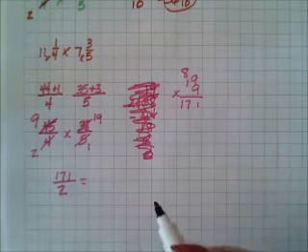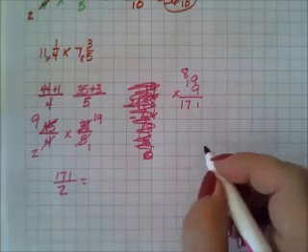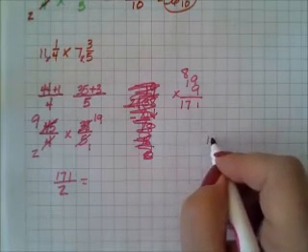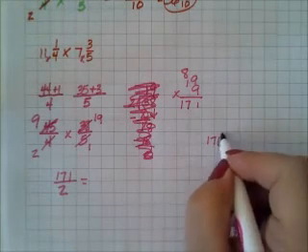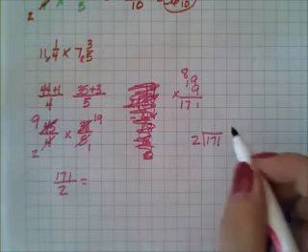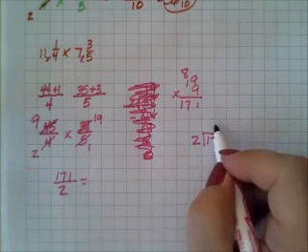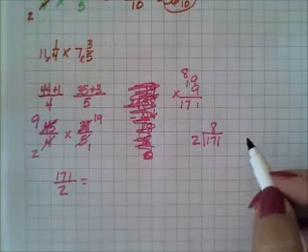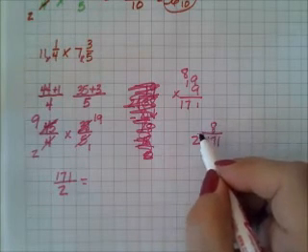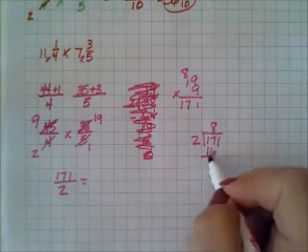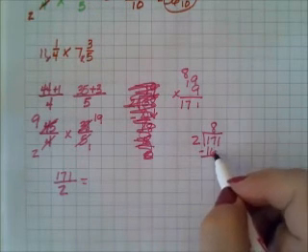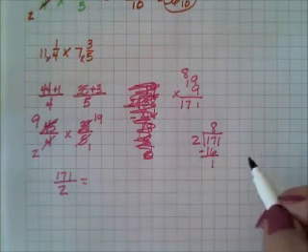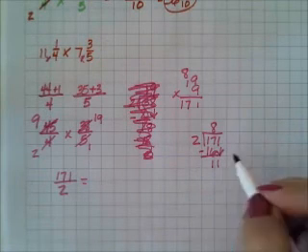So again, 171 divided by 2. 2 goes into 17 how many times? 8. Then we multiply. 8 times 2 is 16. Now we subtract. 17 minus 16 is 1. Now we bring down our 1.